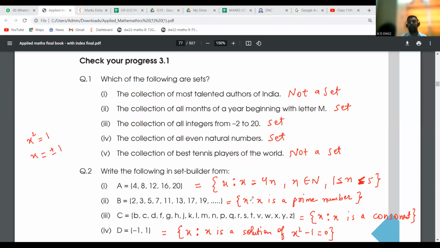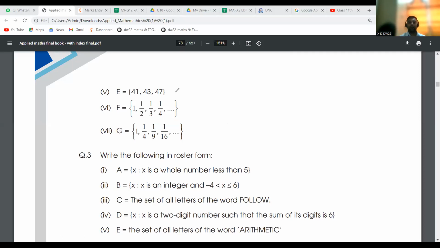So this is how we can convert the roster form into set builder form. Now let's move to the next. Similarly, this is the fifth part. We have to convert it into set builder form. So it will be x such that x.